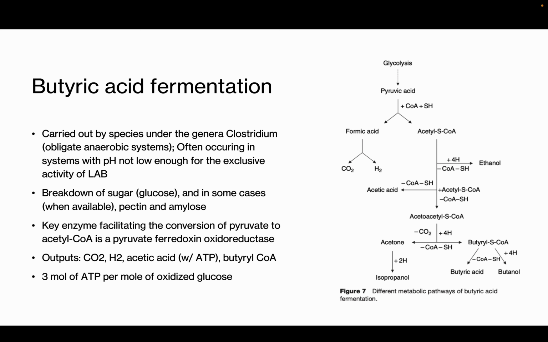The key enzyme facilitating the conversion of pyruvate to acetyl-CoA is pyruvate ferredoxin oxidoreductase. So take note of this enzyme for butyric acid fermentation. The outputs are carbon dioxide, hydrogen gas, acetic acid associated with energy liberation, and butyryl CoA. There are 3 moles of ATP produced during butyric acid fermentation using 1 mole of glucose for oxidation.